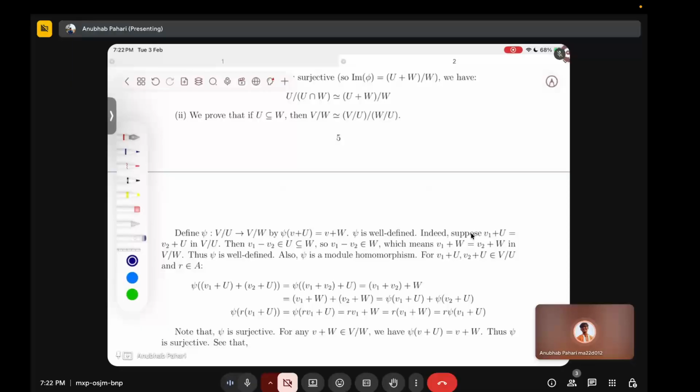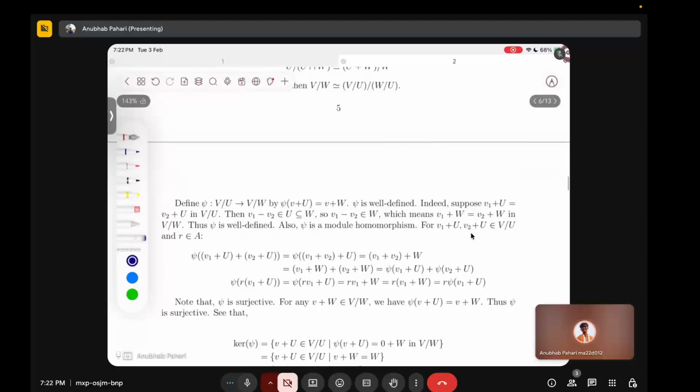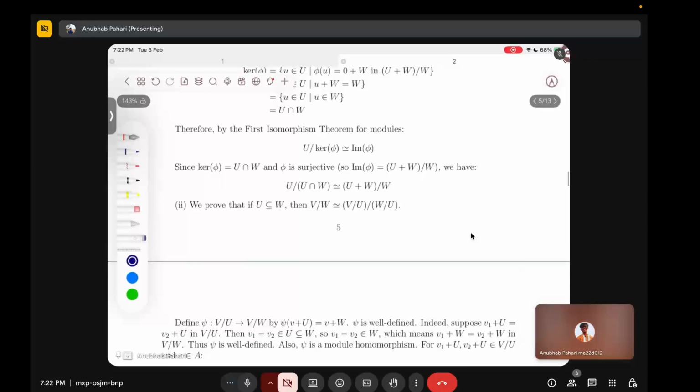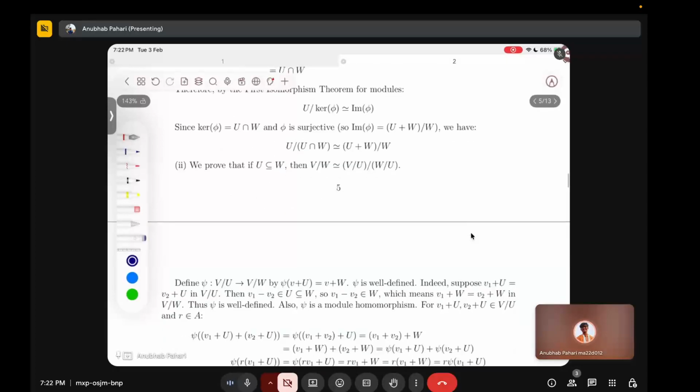So what we will do is draw a map from this to this, and show that this natural morphism has this as kernel. So again we draw a map from V by U to V by W, and since U is contained in W, this map is well defined, right?